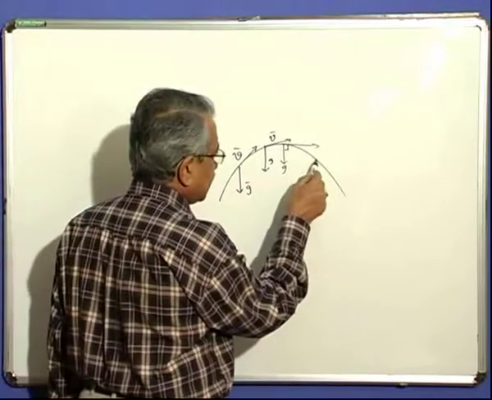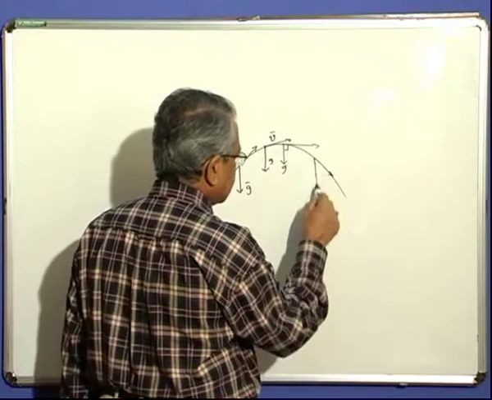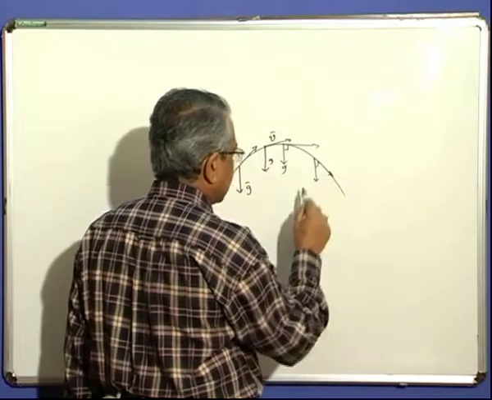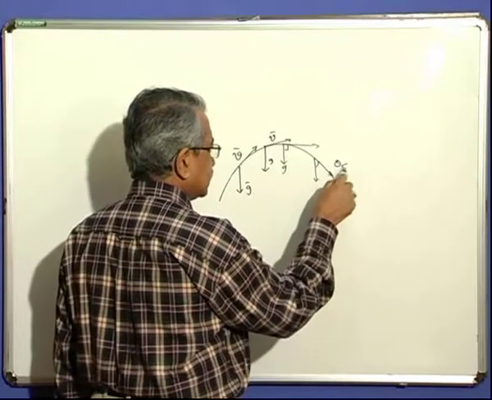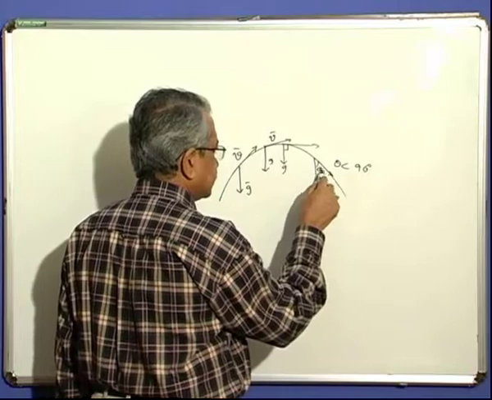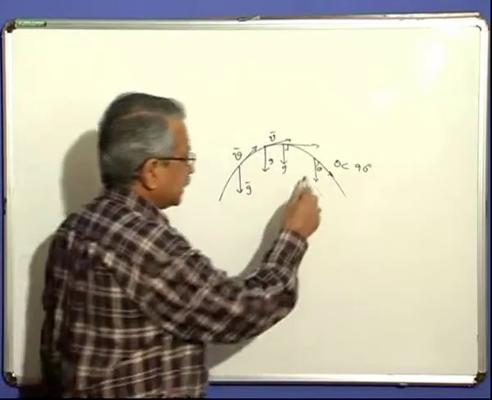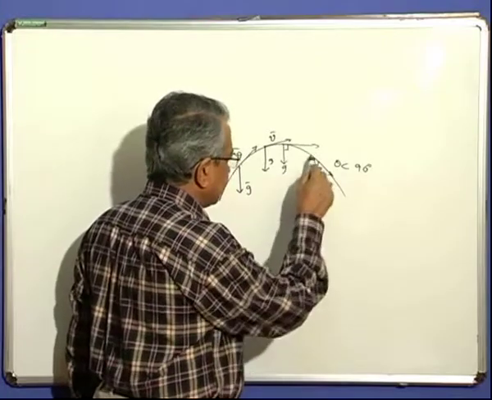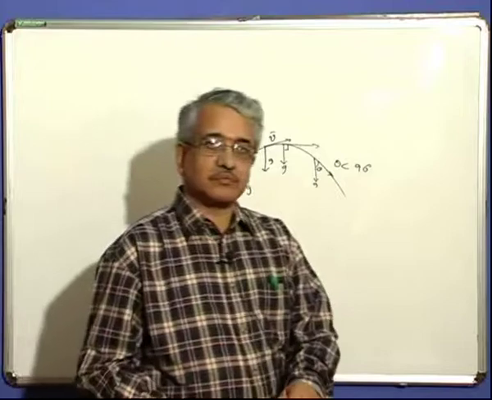At the next point, you will see the velocity along the tangent and acceleration due to gravity downwards. This angle is always acute, less than 90 degrees. As it comes down, you will find the angle reducing further, whereas in every case the direction of acceleration is the same, a constant acceleration.